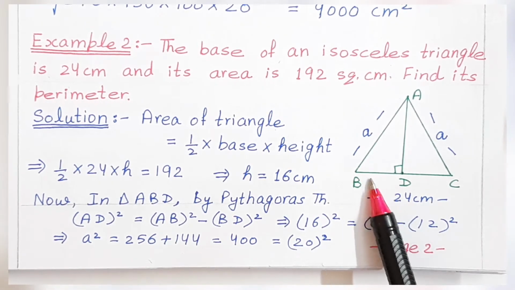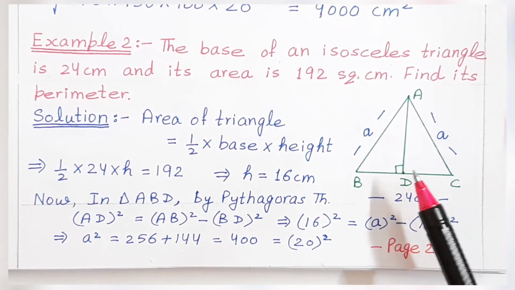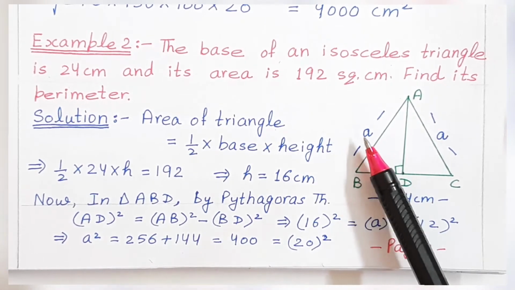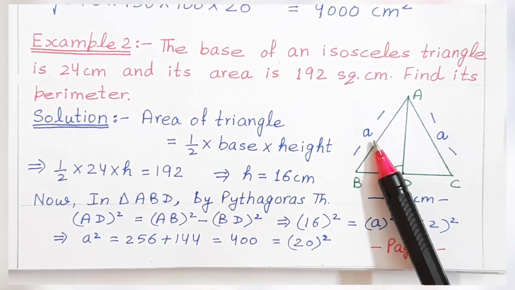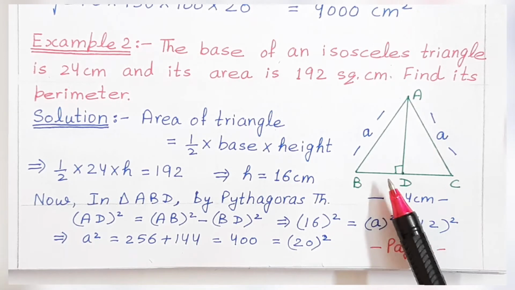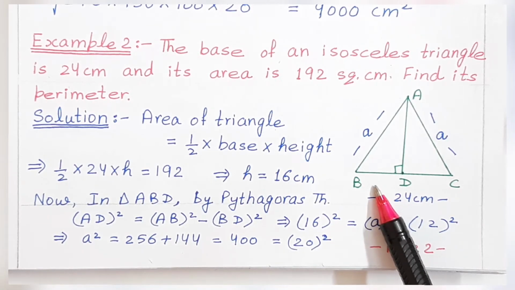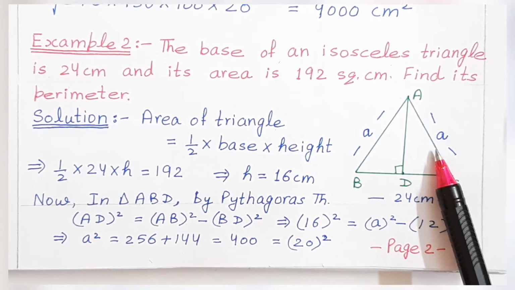So BD is 12, AD is 16. So by using Pythagoras theorem, A square will be equal to what? That will be equal to 16 square plus 12 square. Clear? So that means, now what is 16 square?